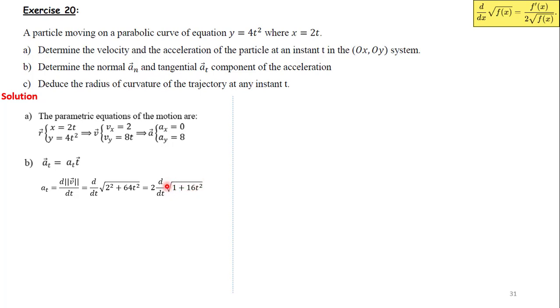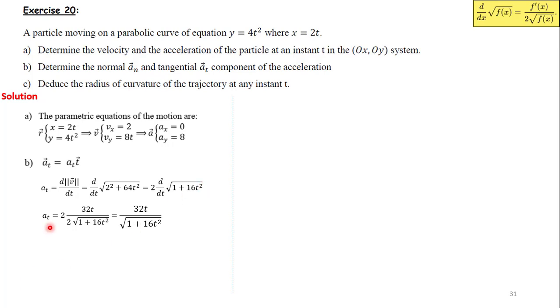Now we want to derive this quantity with respect to time. You can use this math rule. It says that d over dx of radical of f of x is equal to f prime of x over 2 radical of f of x. Here we have f of x equal 1 plus 16t squared.